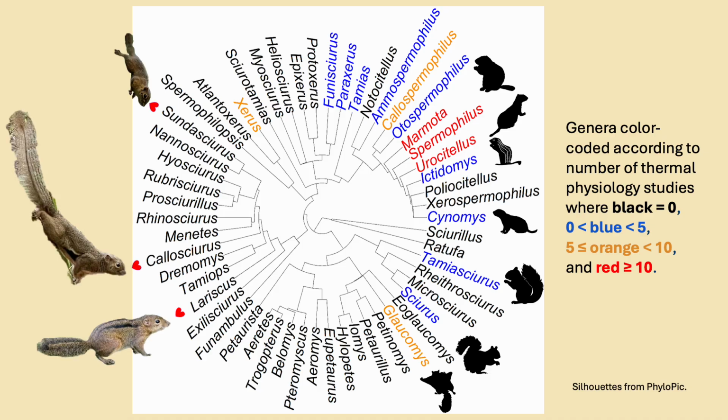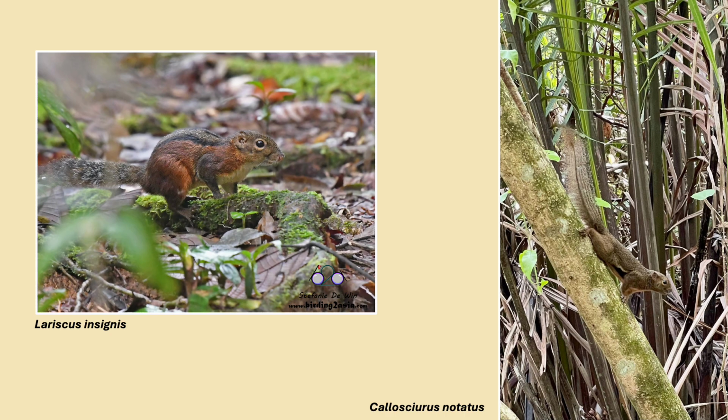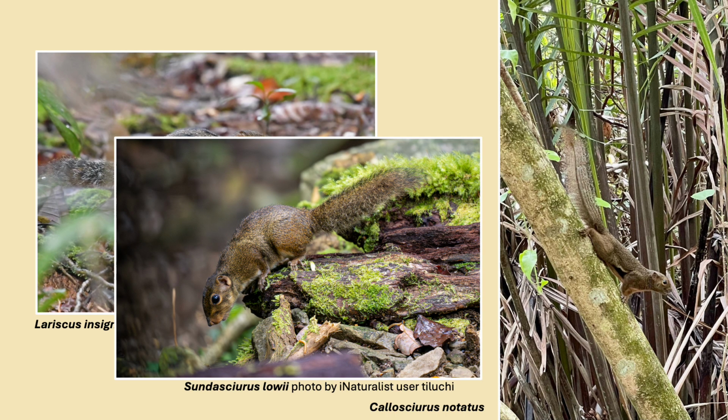And so I, in my project, have attempted to fill in some of the gaps with a few species coming from different genera from the Indo-Malayan region. And so the first species is Callosciurus notatus, or the plantain squirrel, the three-striped ground squirrel, Lariscus insignis, and Low's squirrel, Sundasciurus lowii.